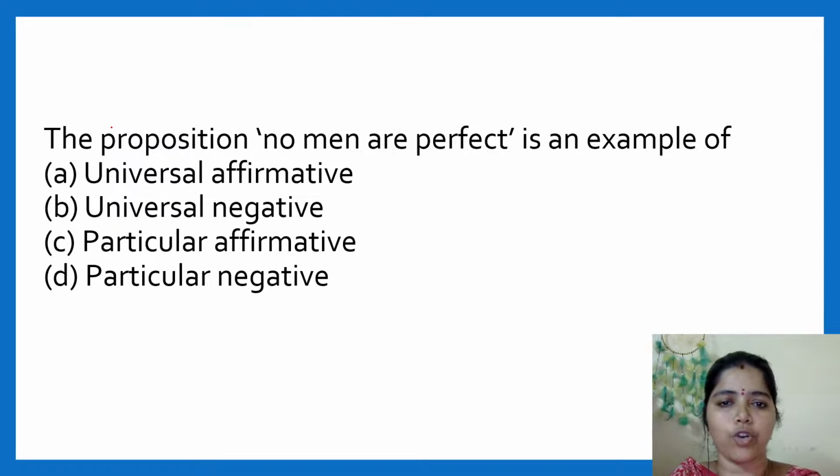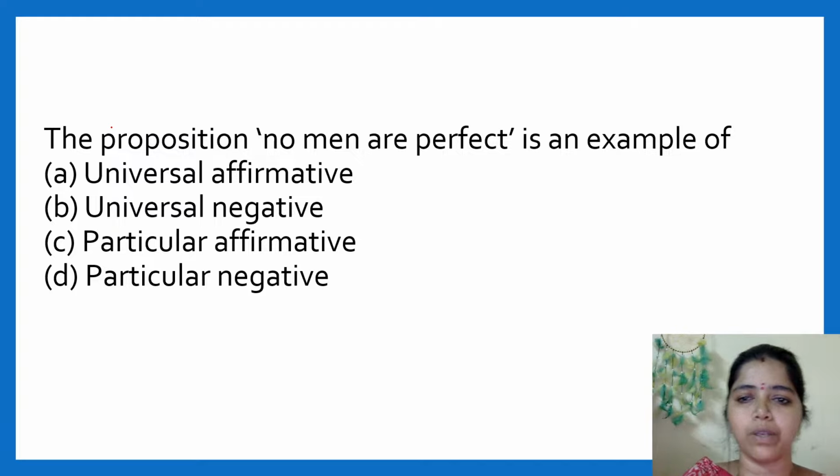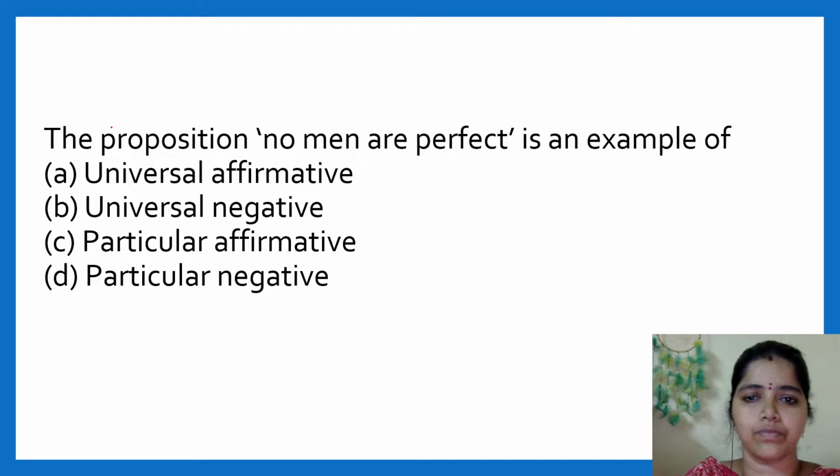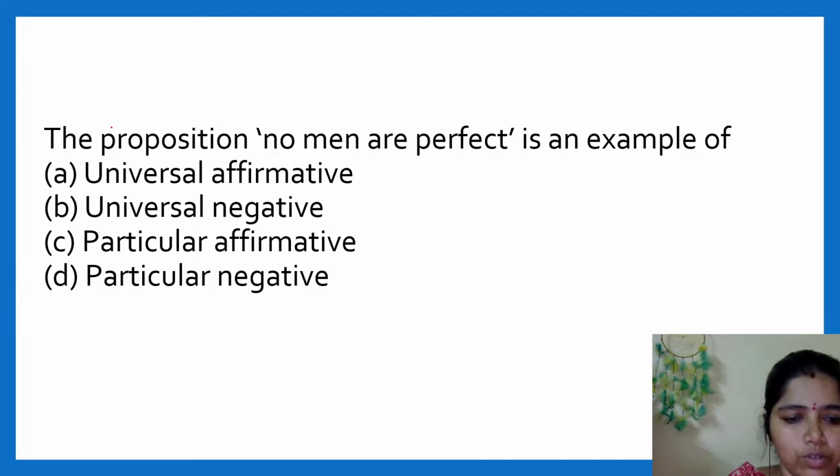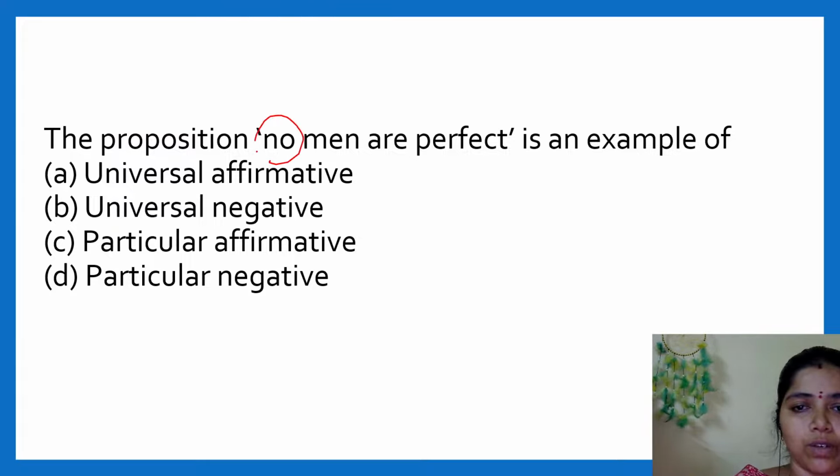Next, the proposition no men are perfect is an example of what? Universal negative. No men are perfect. No is the negative, and it's a universal statement, so the affirmative options will not come.